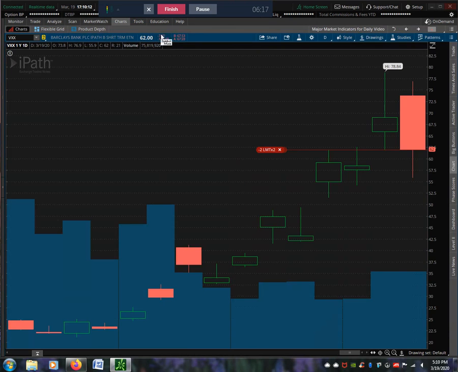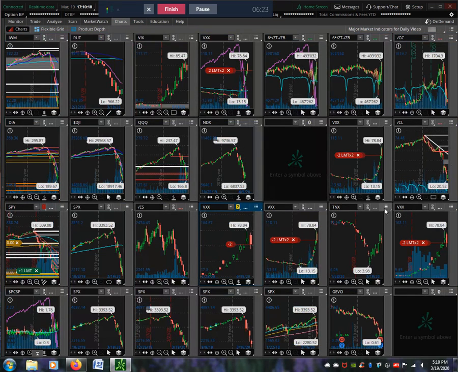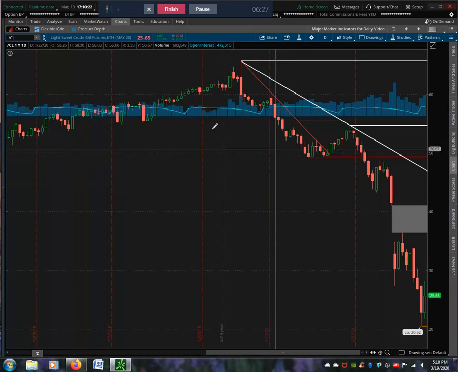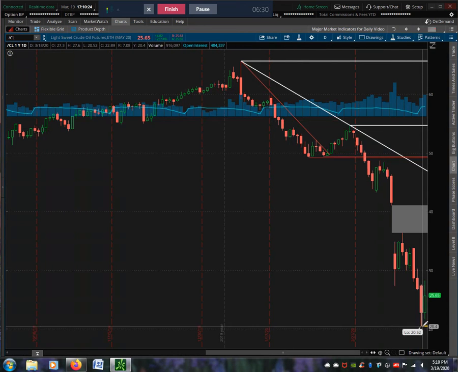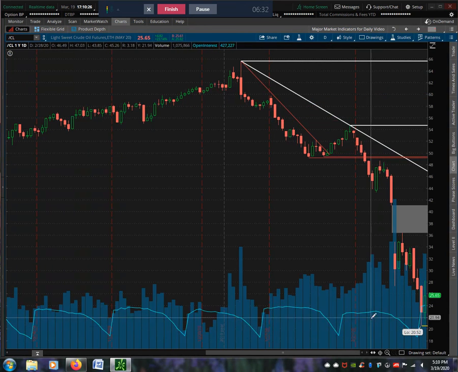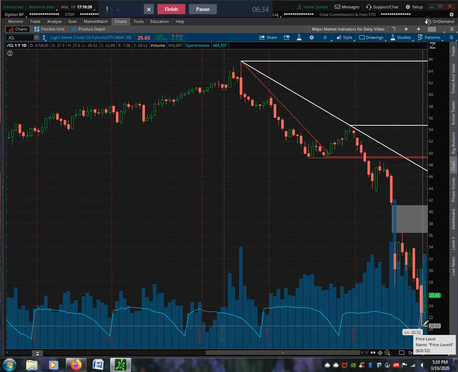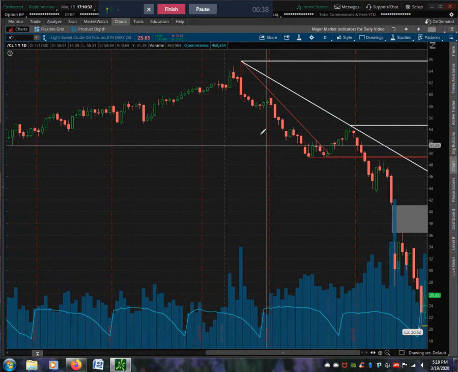Let's go into some of our other charts here. Crude looks like we might be trying to put in a bottom here at 20.52. We're going to watch this level of support and see what happens. We are continuing to be right there at our little piece, up 25% today. Major gap here to eventually fill.